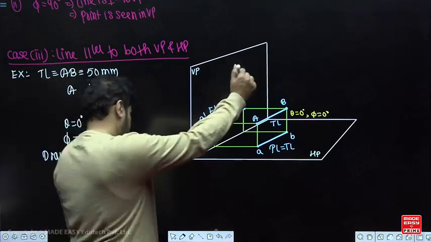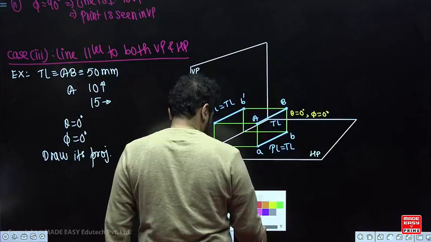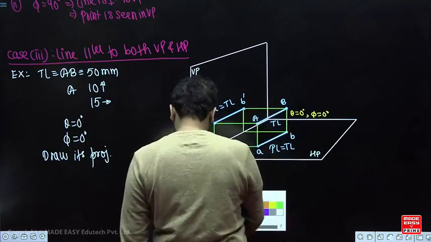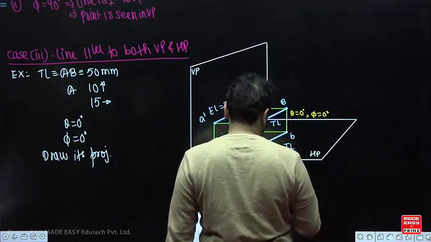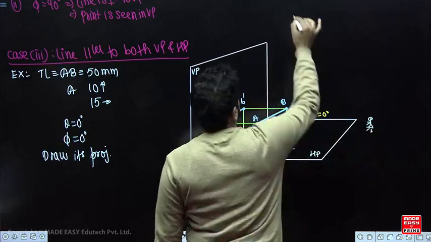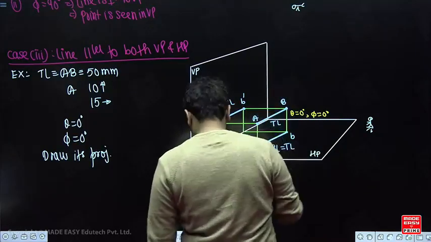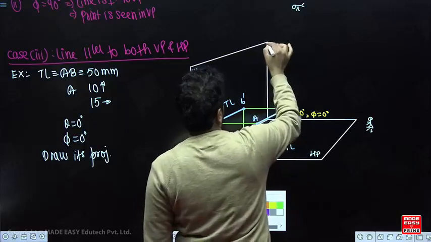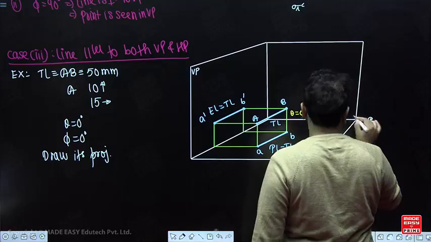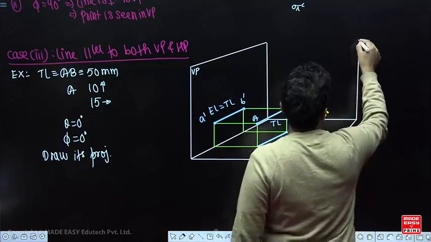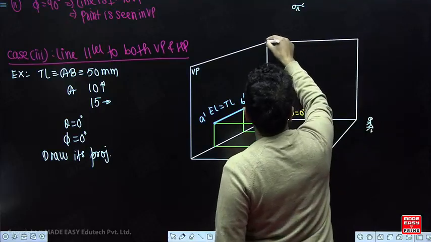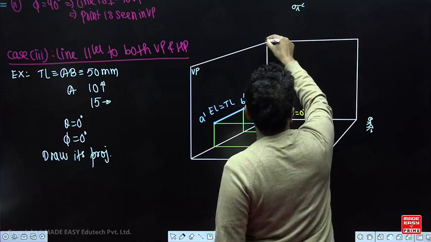Fine. Now see. So that means when the observer is looking from the front, and this is when the observer is looking from the top, isn't it? Now you can see that there is no point view. So if I draw a profile plane, correct?